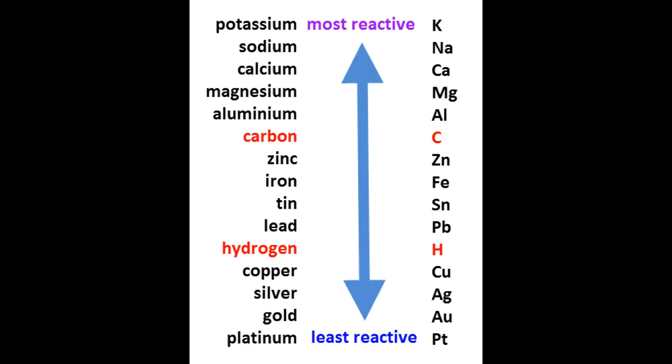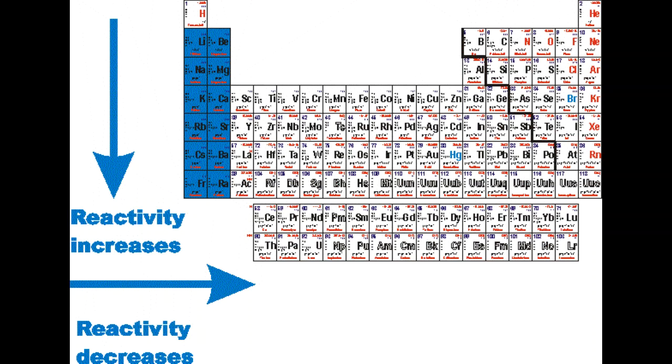But let's have a basic look at the periodic table. You see, periodic tables have columns and rows. Vertical columns are called the groups, and horizontal rows are called the periods.